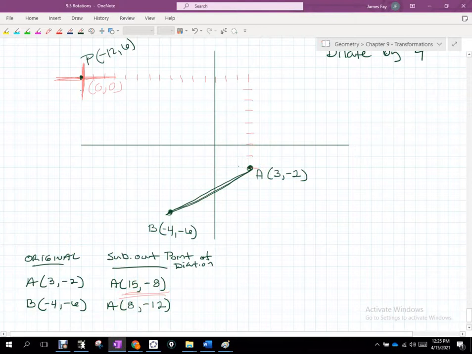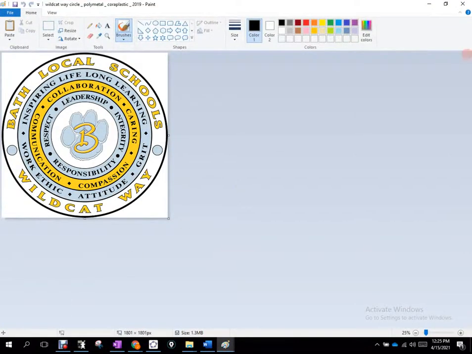And that's what that 15, negative 8 is telling me. It's essentially telling me how far away in both directions we are from point P. And if we do the same thing, we can see 1, 2, 3, 4, 5, 6, 7, 8. And then down 6, 7, 8, 9, 10, 11, 12. So right 8, down 12 gives me that point there. Does that make sense? I'll call that A for whatever reason, but it's B.